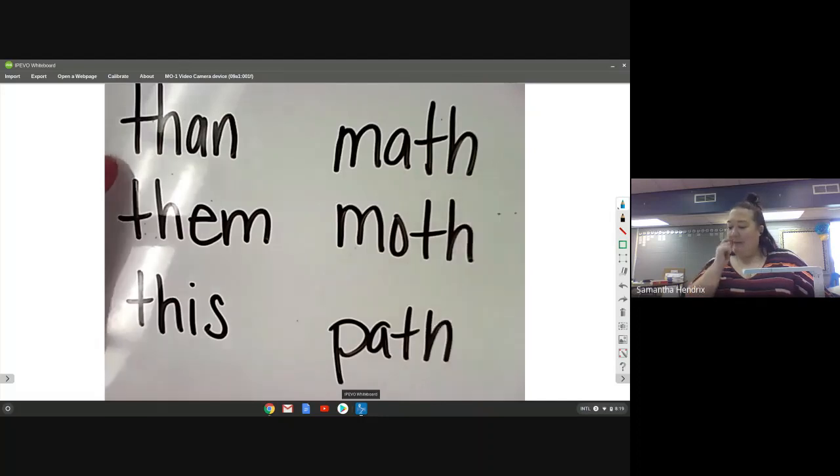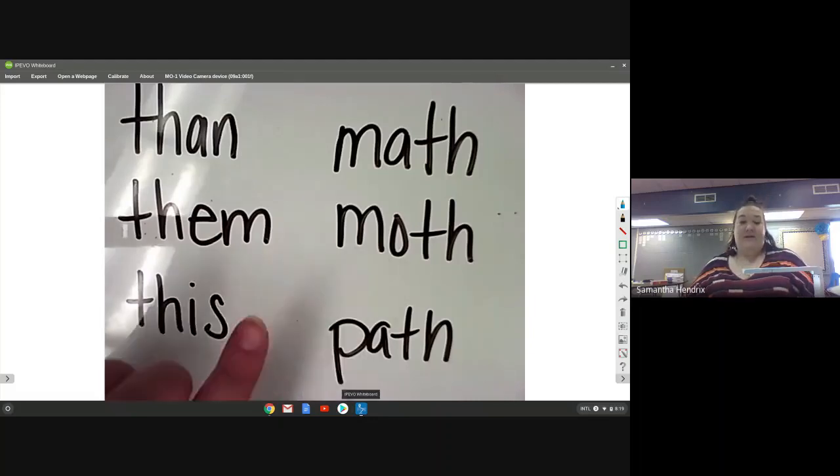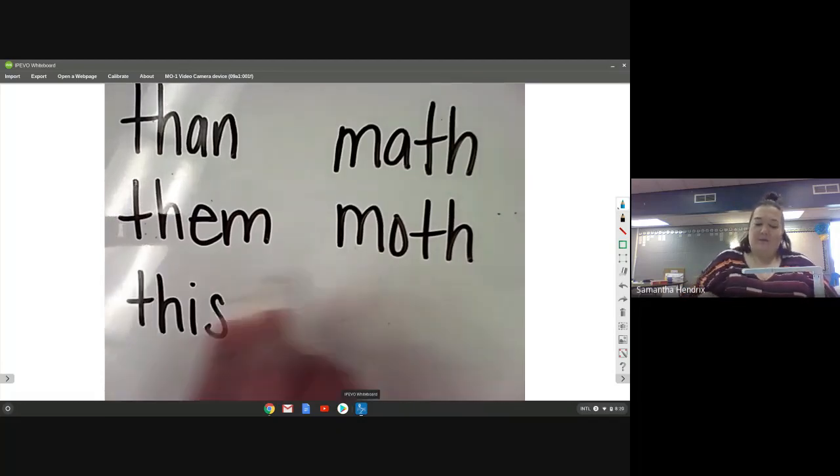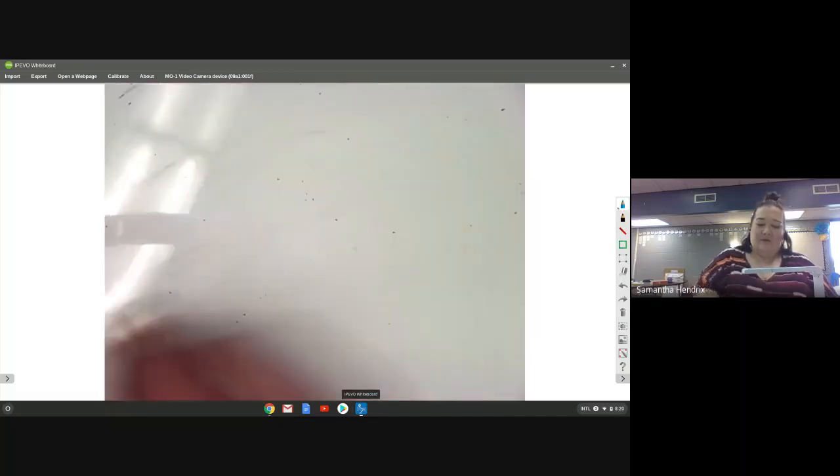Okay? So the TH makes the sound in this word and in this word. Okay? So there's a difference between these sounds. One is voiced and one is unvoiced. I know. So weird, right? Learning so much. Okay.